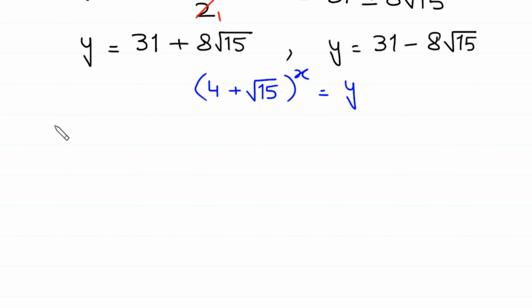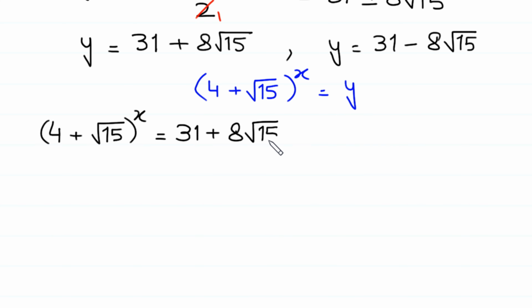The value of y is 31 plus 8 times square root of 15, so 4 plus square root of 15 whole to the power x is equal to 31 plus 8 times square root of 15. Next, we can write this 31 as 16 plus 15 plus 8 times square root of 15.